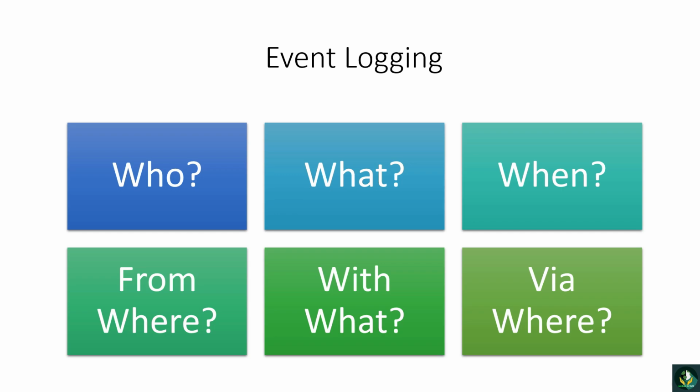IP address is really useful, and yes, attackers can obfuscate their IP address, so they can use a VPN service. They can use something like Tor, but that in itself tells you something important, that they are deliberately obscuring their identity. So why is this important? Because they are up to no good.